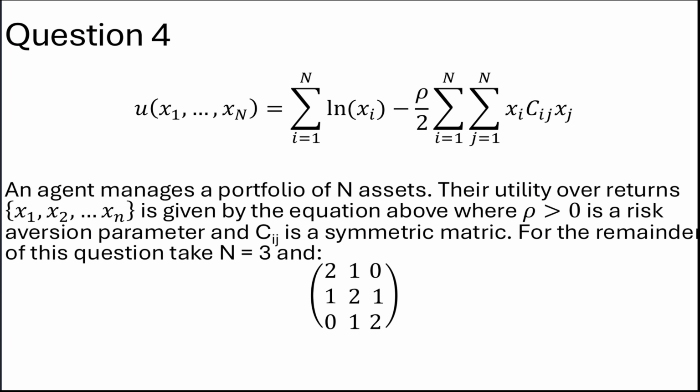Cool. Okay, if we look at question 4, we have an agent who manages a portfolio of n assets. The utility over returns is given by this equation above, where rho is greater than 0, which is a risk aversion parameter, and Cij is a symmetric positive definite matrix capturing the covariance of returns between assets i and j.